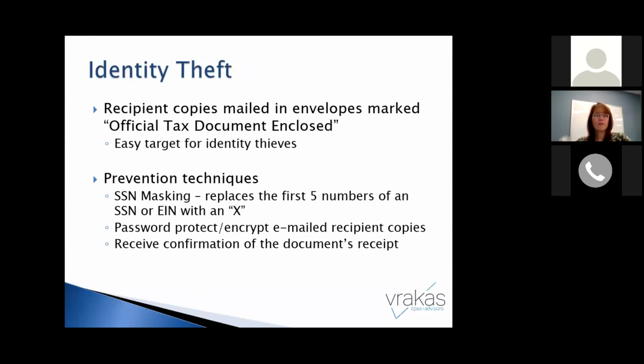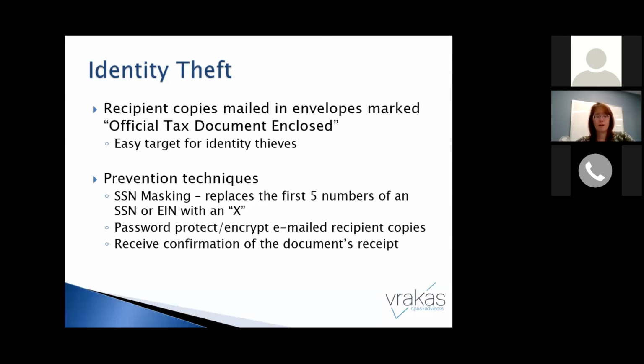And then one thing to note is when you're mailing these to the recipients, don't put "official tax document enclosed" on the outside. That is kind of an easy target for thieves, and then they will take those.